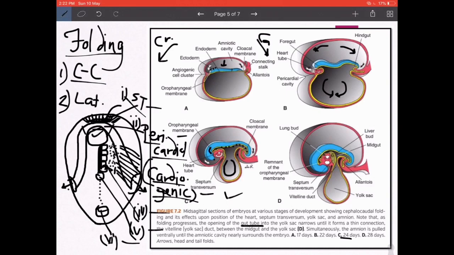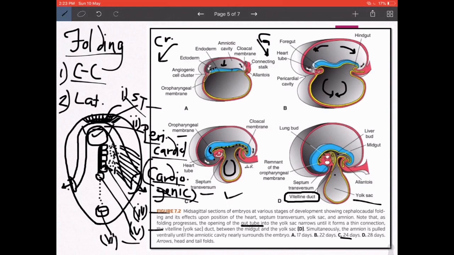So this little connection that lies between the primitive gut tube and the yolk sac, which is still keeping both the ends connected, is known as the Vitello-intestinal Duct. Okay, so now you've got the primitive gut tube, and somewhere in the center you have the Vitello-intestinal Duct connecting it with the yolk sac.